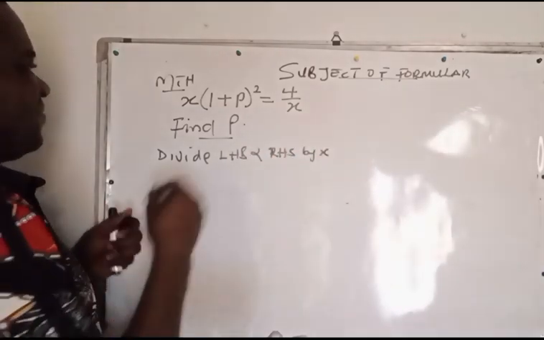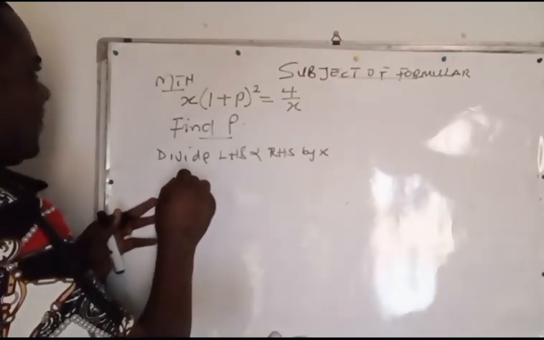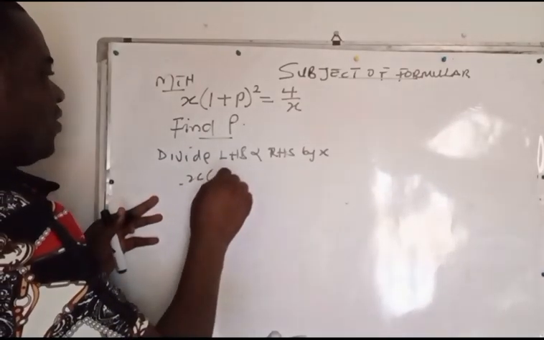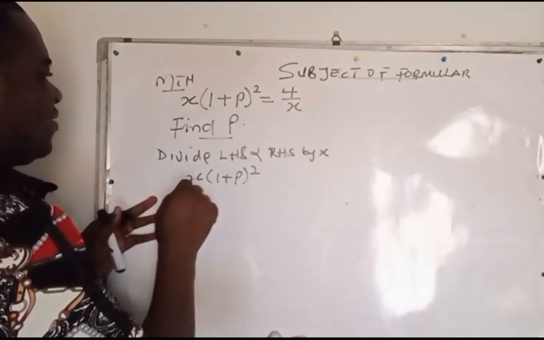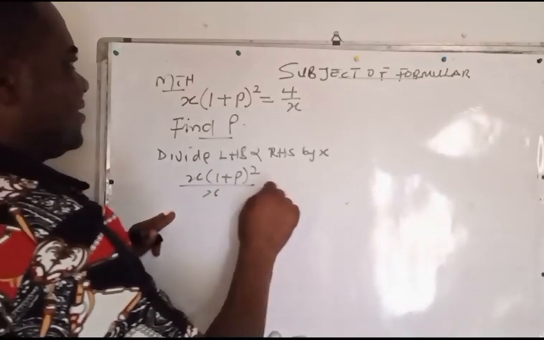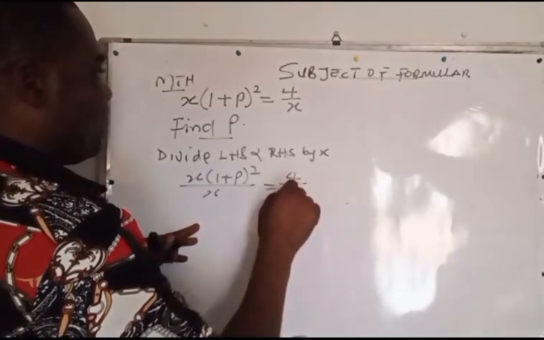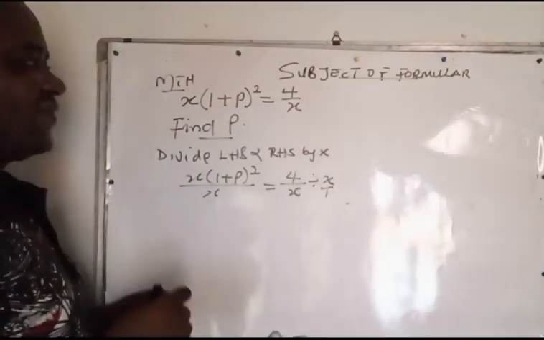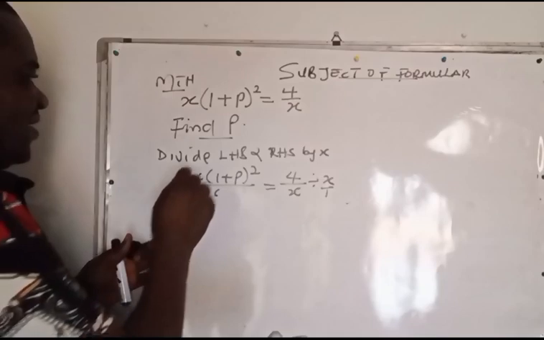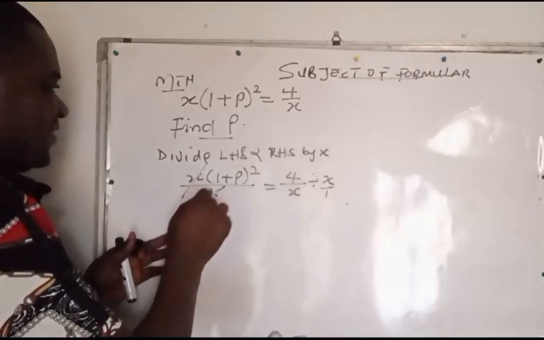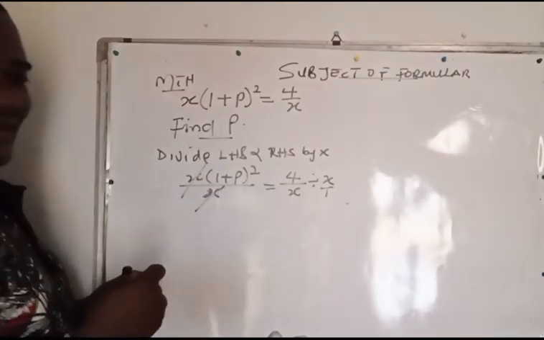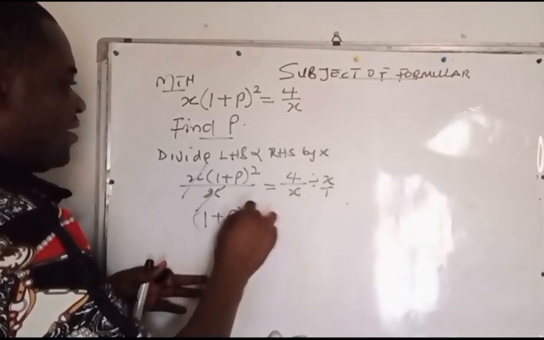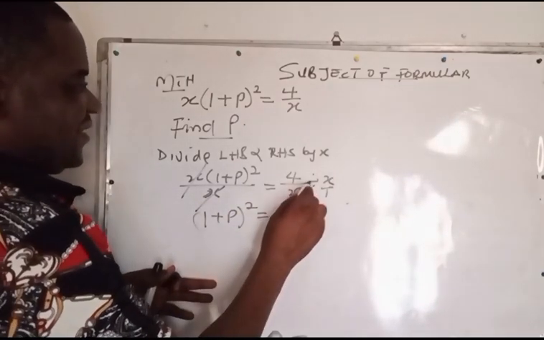So if we do that, from this equation we'll have x times 1 plus p square all over x is equal to 4 over x divided by x over 1. So we are dividing by x. In that way, this x will cancel this x. You see? And then we're going to have 1 plus p square is equal to, this is a division sign.